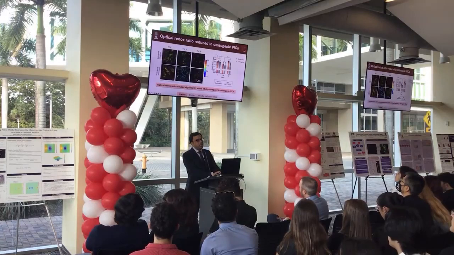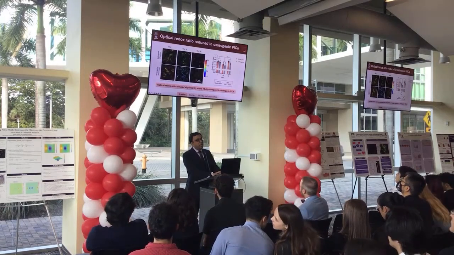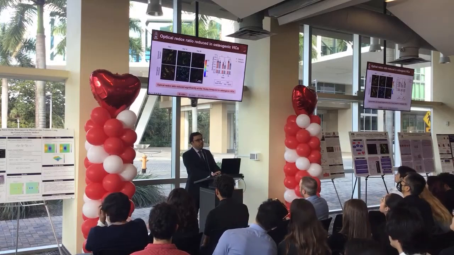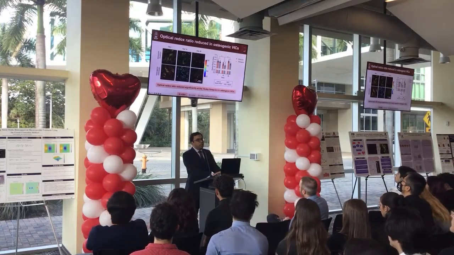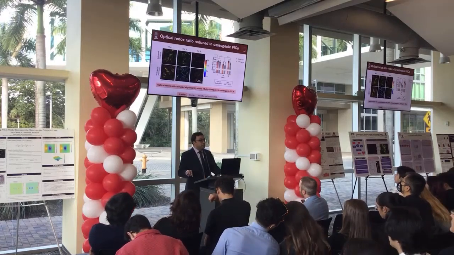You can see that from the quantified data here as well. Then by day 28, the redox ratio goes back up again. So it goes down at day 14 and up at day 28. But the key point is that the optical redox ratio reduced significantly at the 14-day time point in the osteogenic, so the diseased, cells.